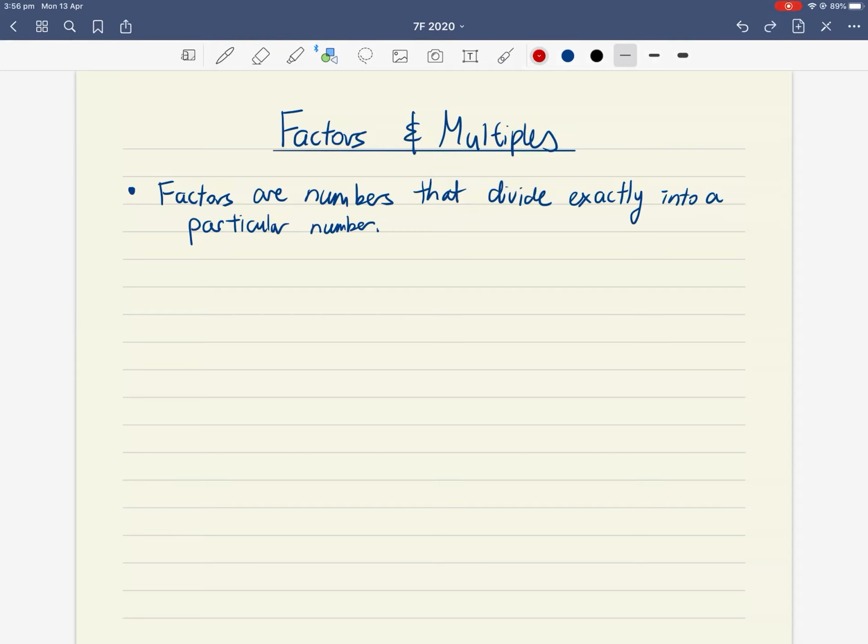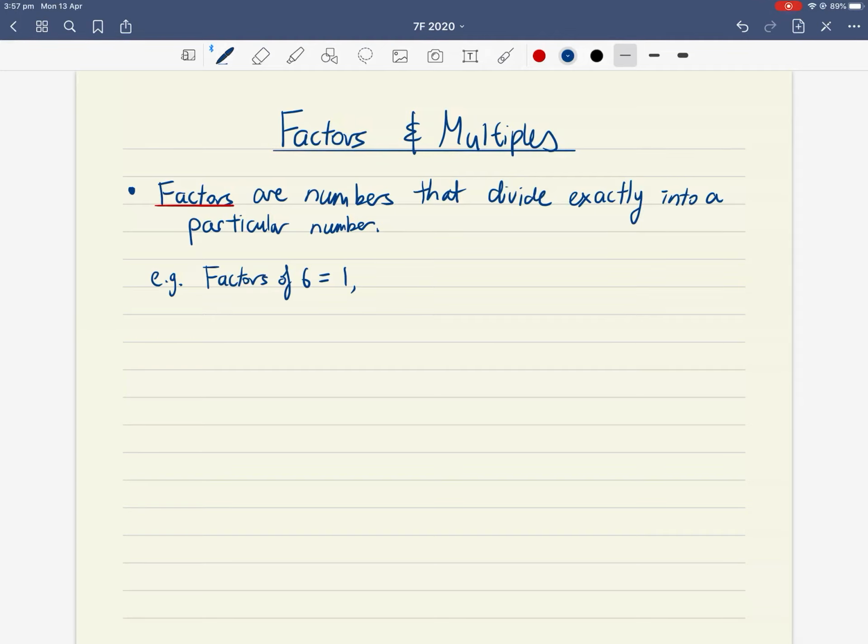I'm just going to underline the keyword here, factors. So, for example, factors of 6 is equal to, so what numbers can divide exactly into 6?